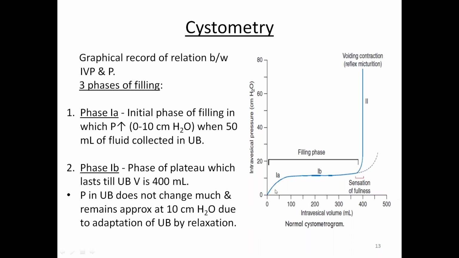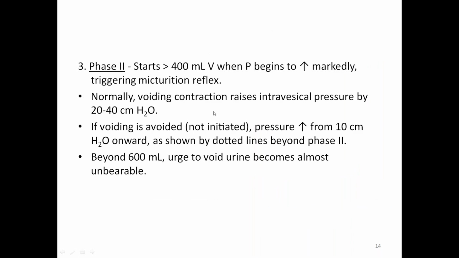So these are your 3 phases of a cystometrogram. You should know how to state these phases and be able to make this diagram. And it is also important to mention the phenomenon of adaptation being responsible for this plateau. So we just talked about this phase 2 also.